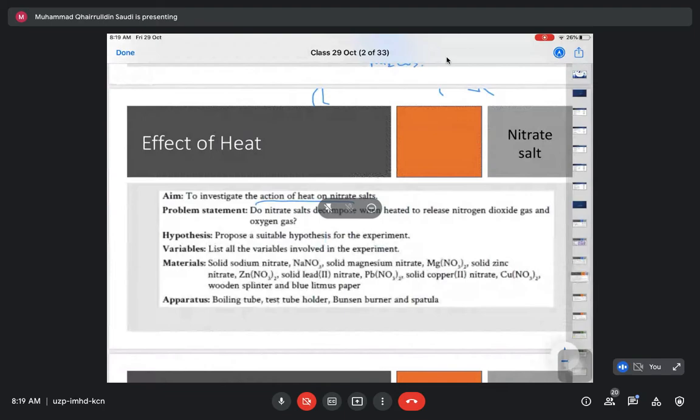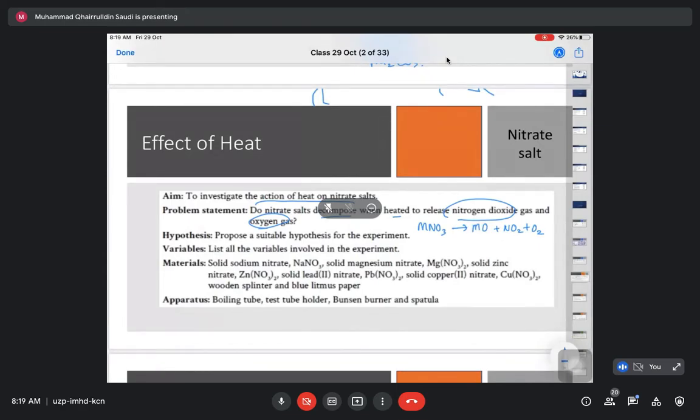So, dia kata nitrate salt decompose when heated to release nitrogen dioxide gas and oxygen gas. Maksudnya dia kata metal nitrate bila dipanaskan dia akan jadi metal oxide plus nitrogen dioxide dan oxygen gas. Okay, ini adalah dia punya teori.